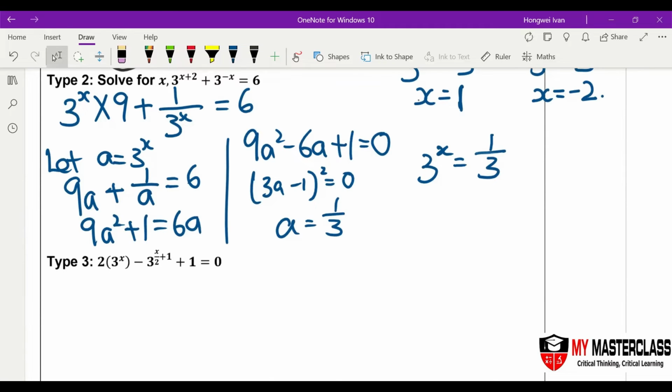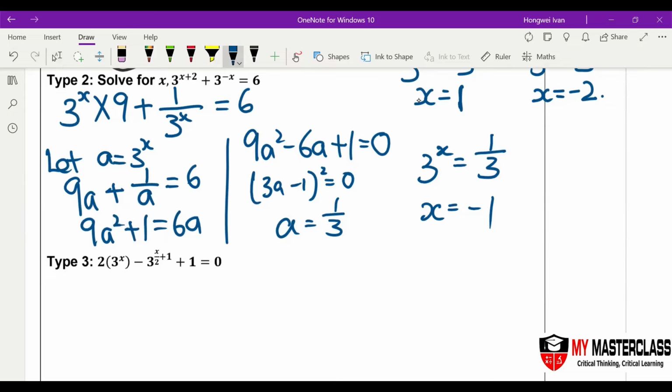If 3 to the power of x is equal to 1/3, then what do you think x is? What is the thing you learned today that can make the 3 go to the denominator? So x is equal to?